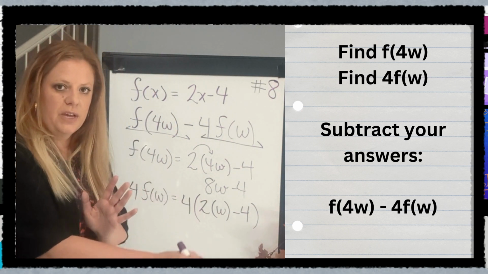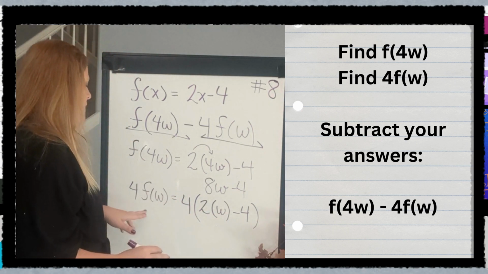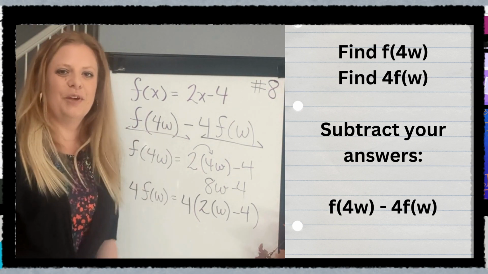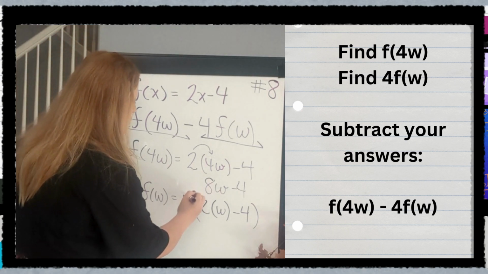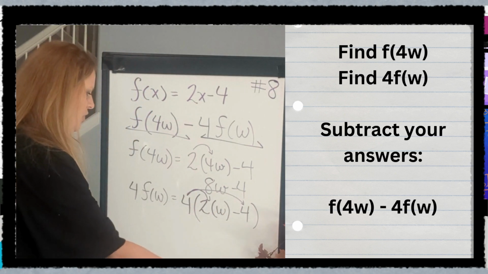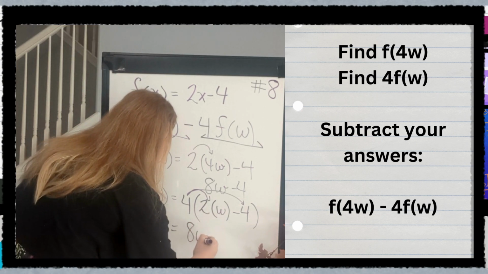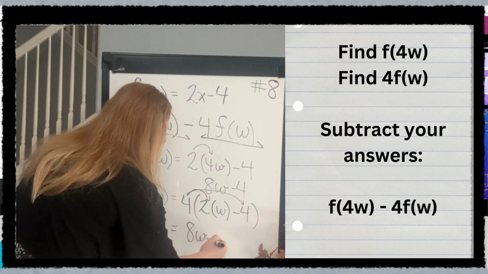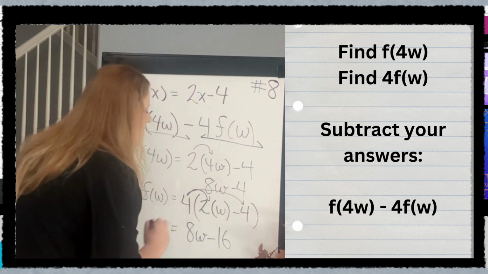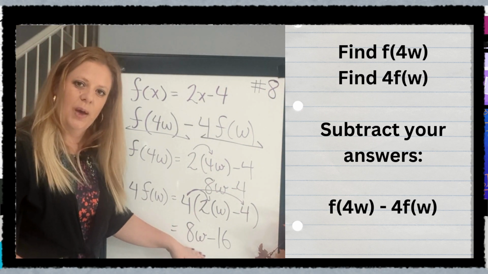So your f of w is 2w minus 4, and then the 4 on the outside of it is 4 times f of w. So let's distribute over each term, and we get 8w minus 4 times negative 4, so minus 16. That's as far as you can take that one as well.